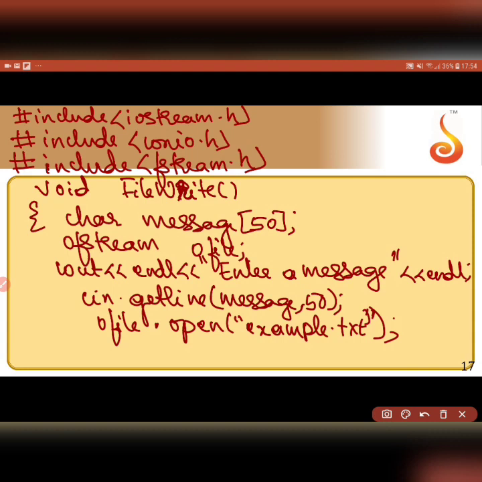Now I have to write it to the file. So I will say ofile, message. So ofile is the object. Since I am writing to the file, I will not be using cout here. I will use ofile because I am writing it to the file. Which file? Example.txt, because I have opened that file for writing.